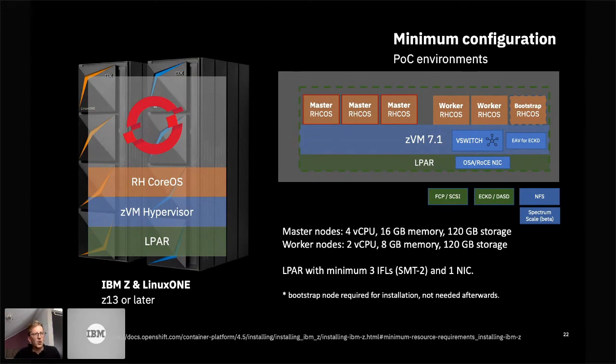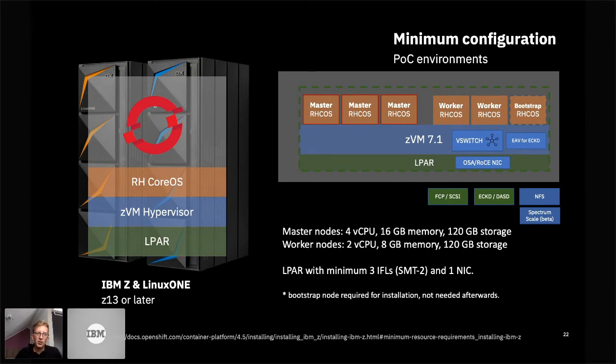Regarding the storage devices, I put here SCSI disks and DASD disks. They are both supported, so you need one of those to get your nodes installed. Regarding more storage options, to get persistent storage for some larger amounts of data, currently only NFS is the supported option.